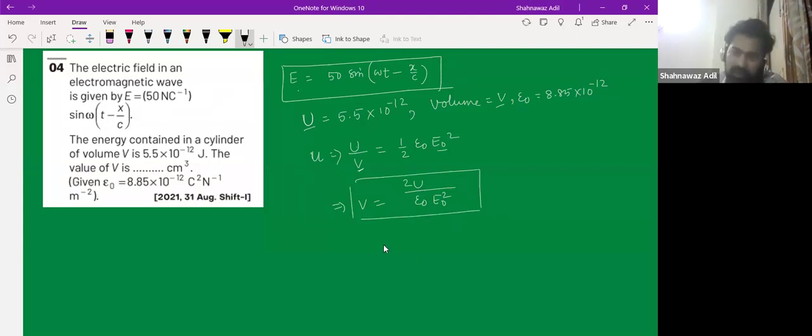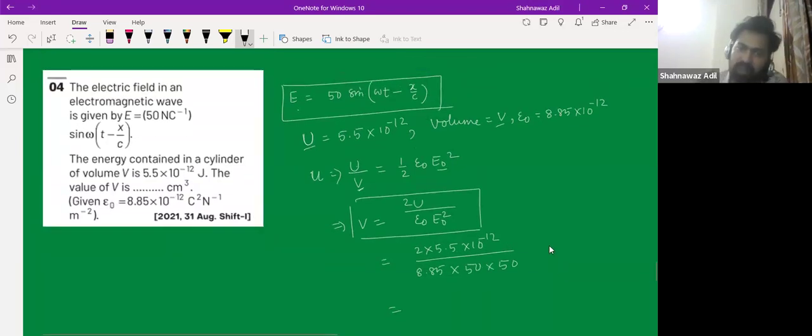And what are these values? So this is 2 into 5.5 into 10 to the power minus 12, over 8.85 into 10 to the power minus 12, into 50 into 50. So this is the value, right? This would be in meter cube.